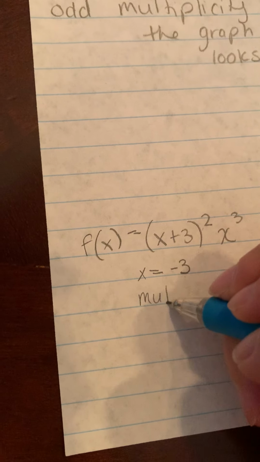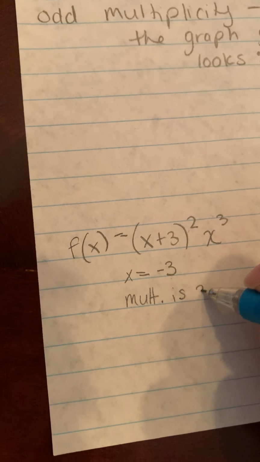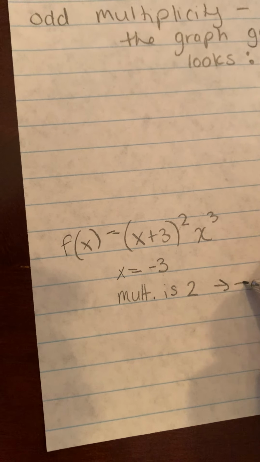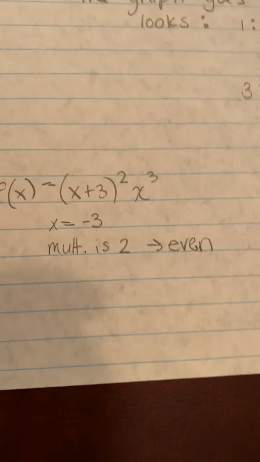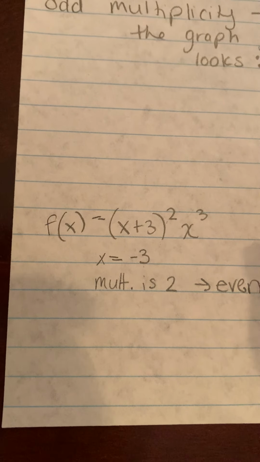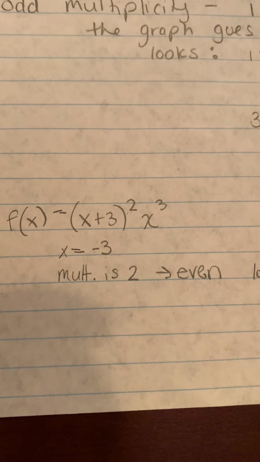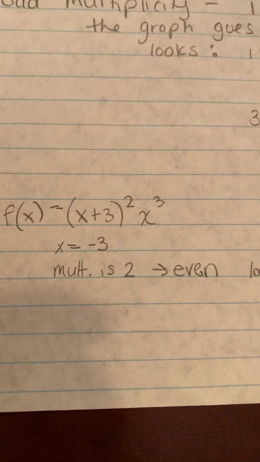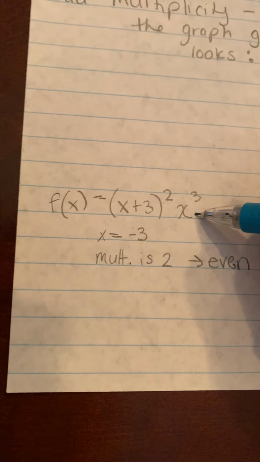So our multiplicity is 2, which means that is even. So when I graph that, I know I'm just going to touch or bounce. It'll look something like coming down and back up, or up and then back down. This is a root of -3.